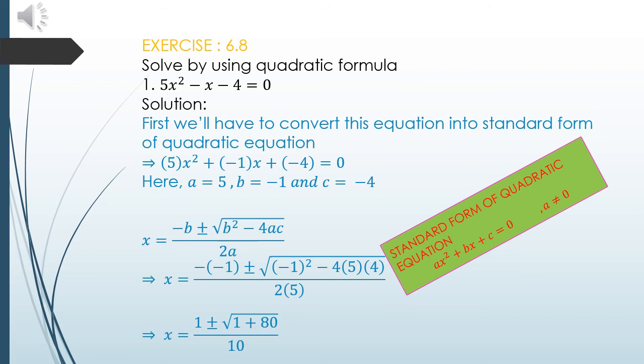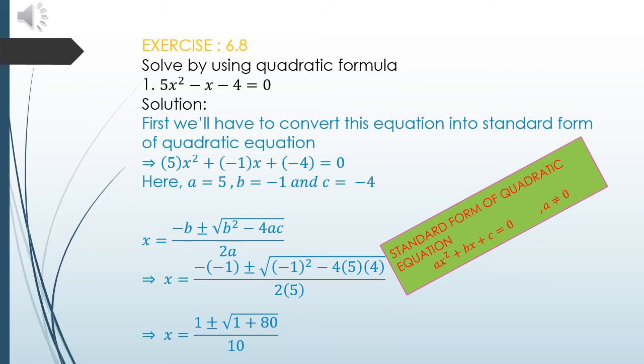So moving towards exercise 6.8, solve by using the quadratic formula. We are going to solve the quadratic equation with the help of the quadratic formula. When the given question is not in the standard form of a quadratic equation, first you have to convert it into the standard form.